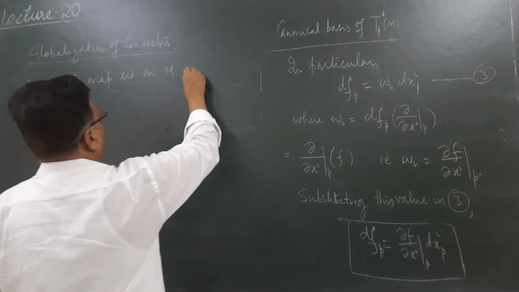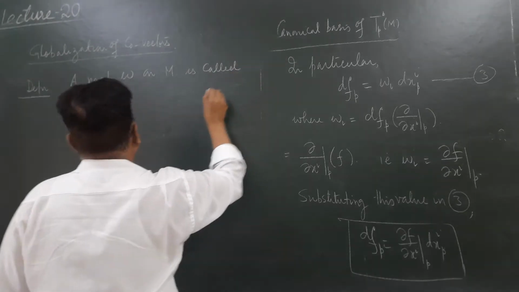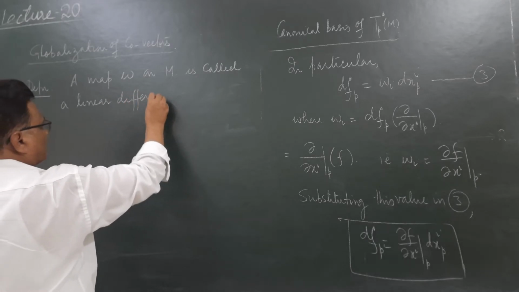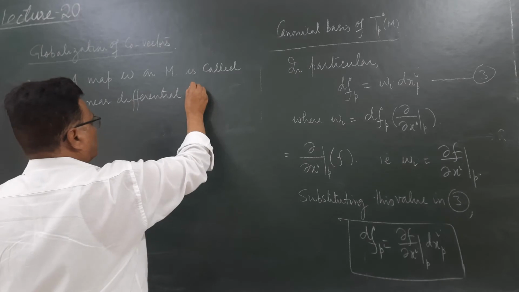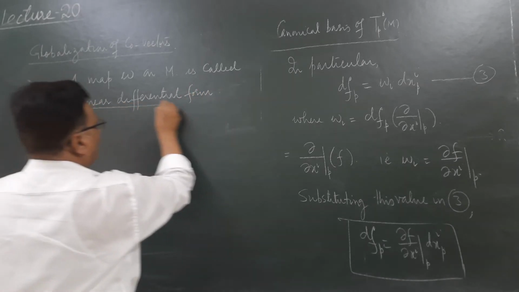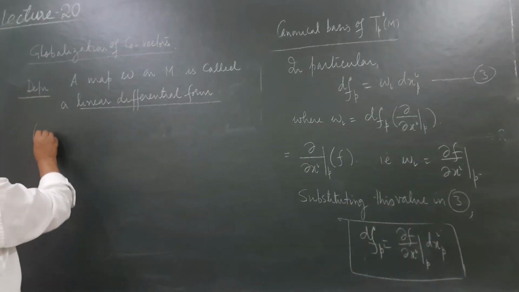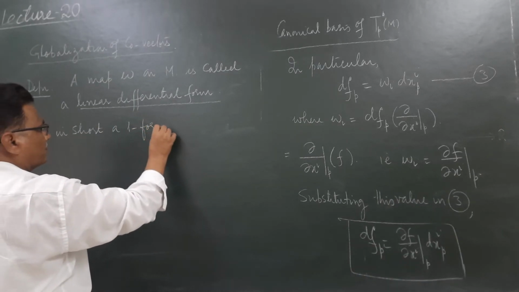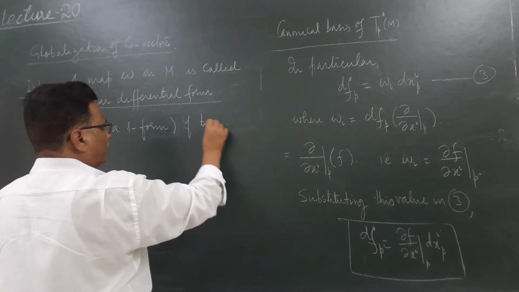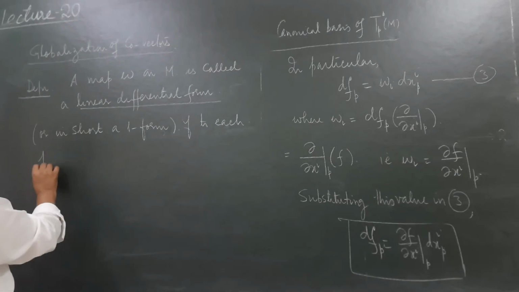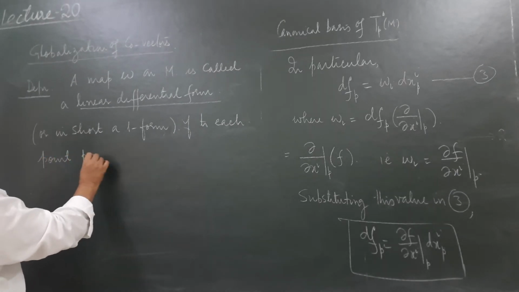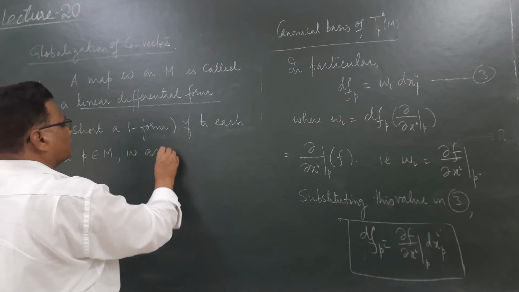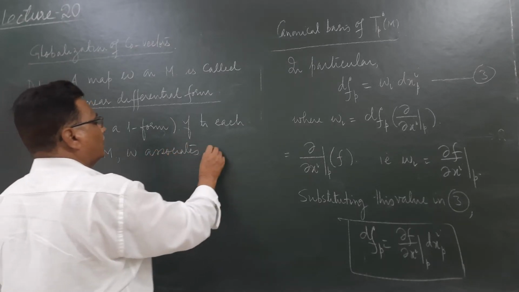A map omega on M is called a linear differential form, or in short, a one form, if to each point p in M, omega associates a covector at p.